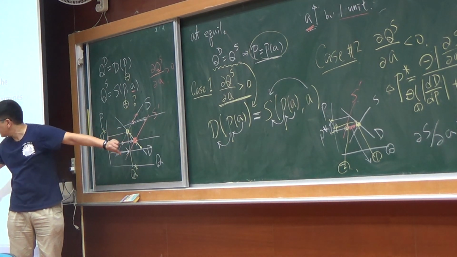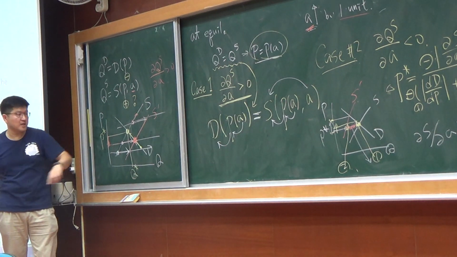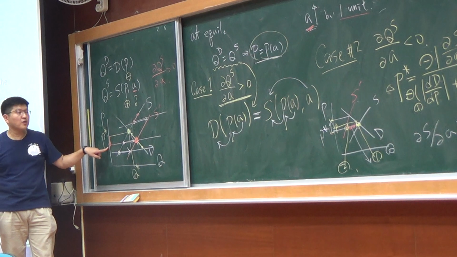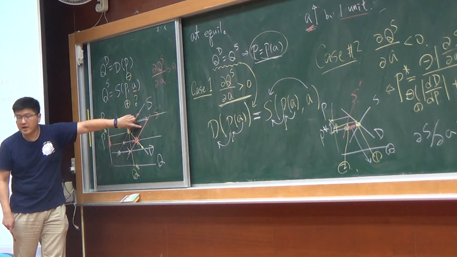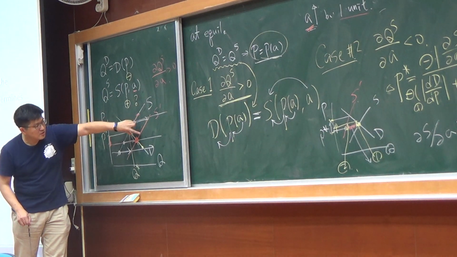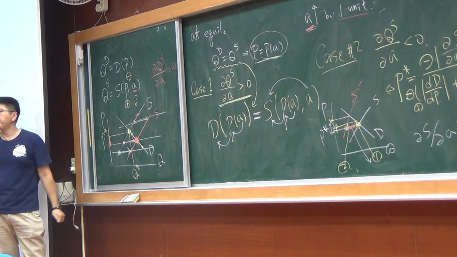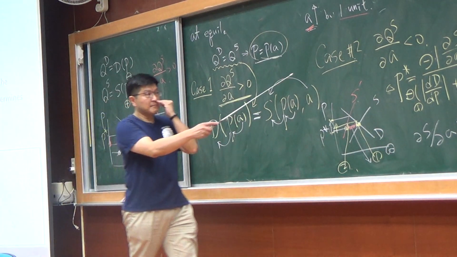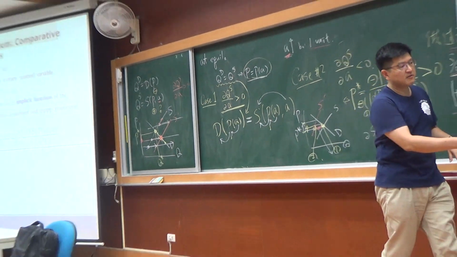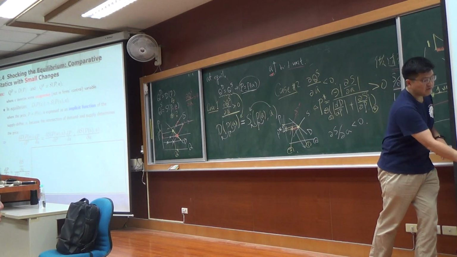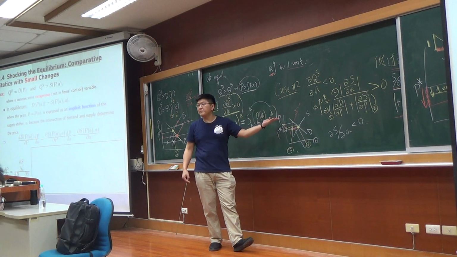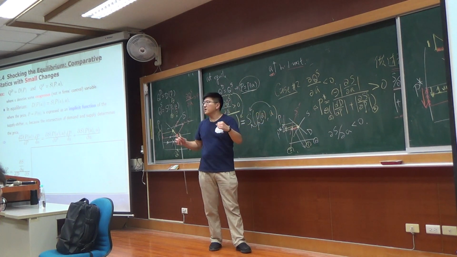So the sign of the whole equation tells us the direction of the price. It should change in the direction to erase the gap. And case number 2, by the assumption, we make it negative. So negative, negative will be a positive. Then the price should go up so that the gap can be erased.